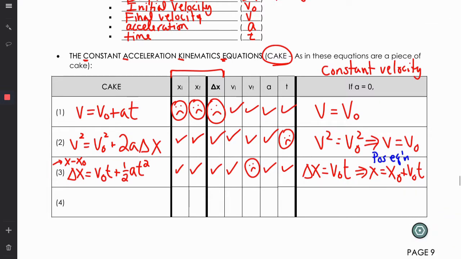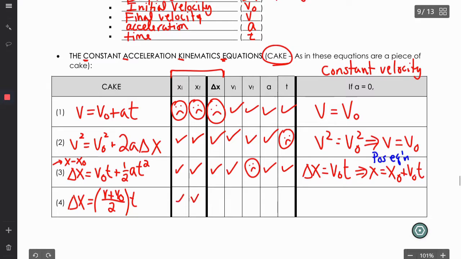And then the last one is the only equation that does not have acceleration in it, which means if your acceleration is constant, you can find the average velocity by simply doing v0 plus v over 2.